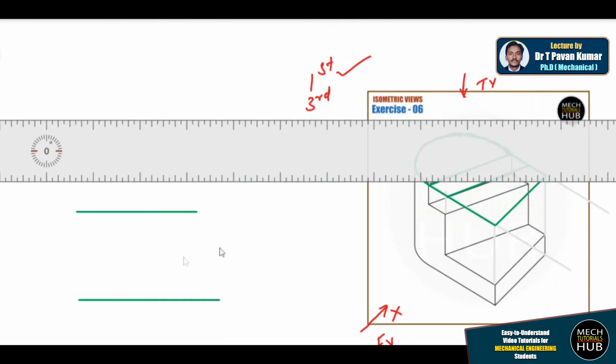Now just try to draw a semicircle with the help of a compass by considering the midpoint. This is how a semicircle looks like. I just release.